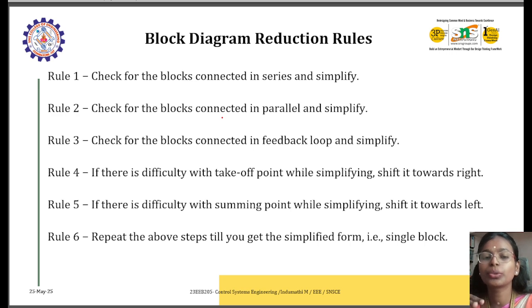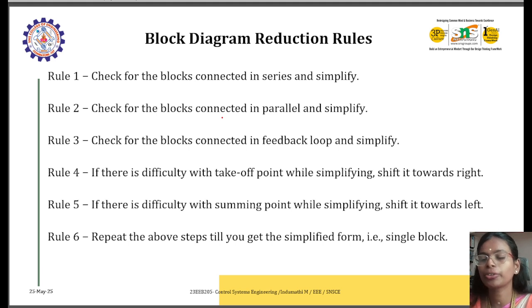So here, rule one is, first you have to check the blocks connected in series and you can simplify them. Next, check the blocks connected in parallel and simplify. How we can simplify them, we'll see in upcoming sessions. The next rule is to check whether the blocks are connected in a feedback loop and simplify it.